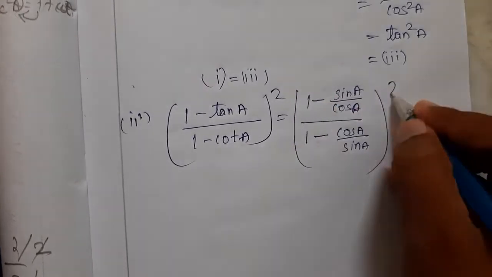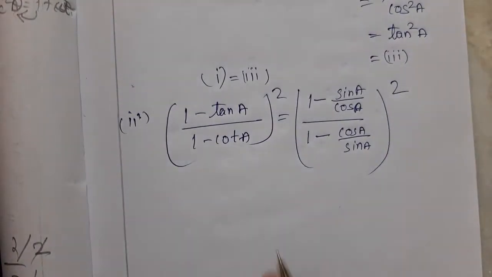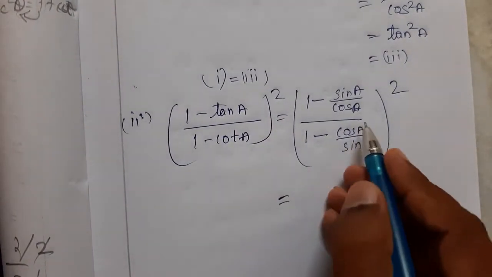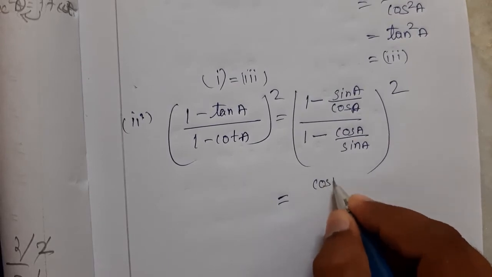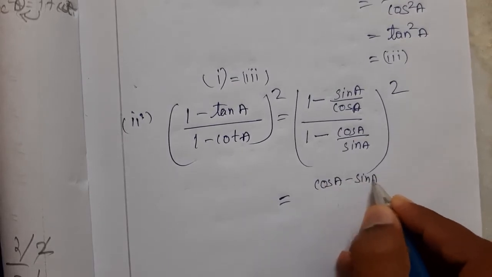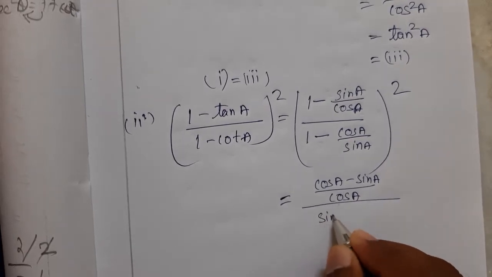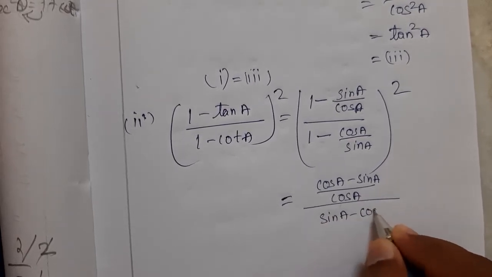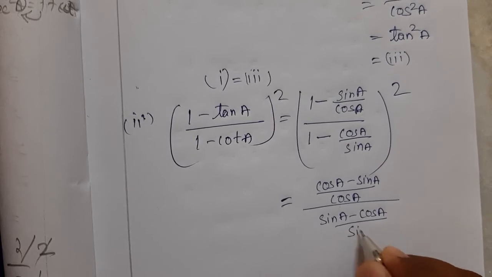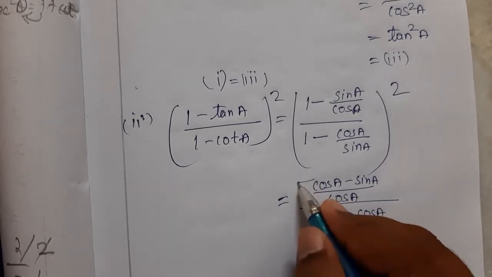So don't disturb the square. Taking an LCM, we will be getting (cos a minus sin a) divided by cos a, divided by (sin a minus cos a) divided by sin a, the whole square.